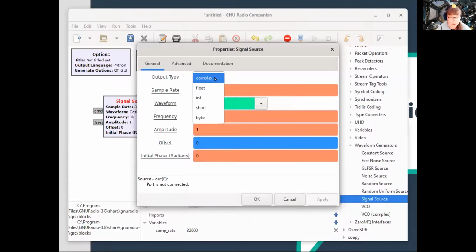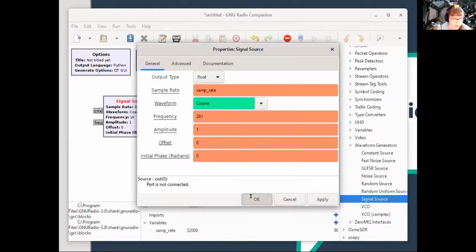Complex output. Once again, think of complex as IQ. We don't want IQ out. We want just a simple floating point sine wave. Keep it simple. And a frequency of middle C, like 261 hertz. We'll say cosine float.